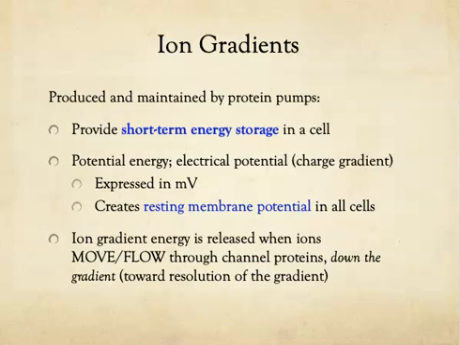It moves ions down their gradient from the side with the high concentration towards the side with the low concentration, and it happens through these channel proteins. So some ion gradients are maintained by the cell, creating resting membrane potential, and some ion gradients are allowed to resolve through facilitated diffusion.